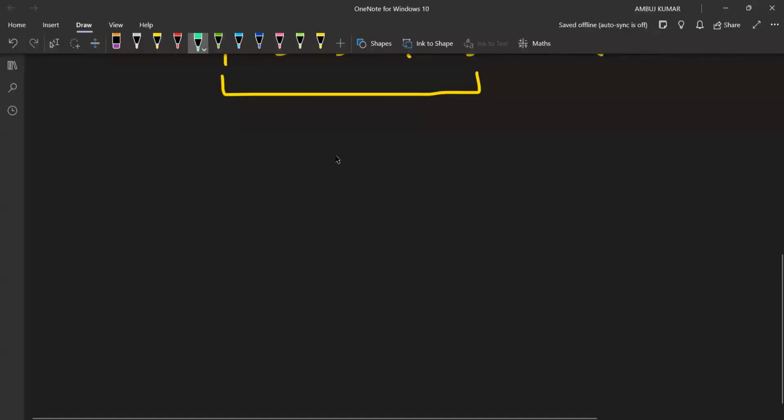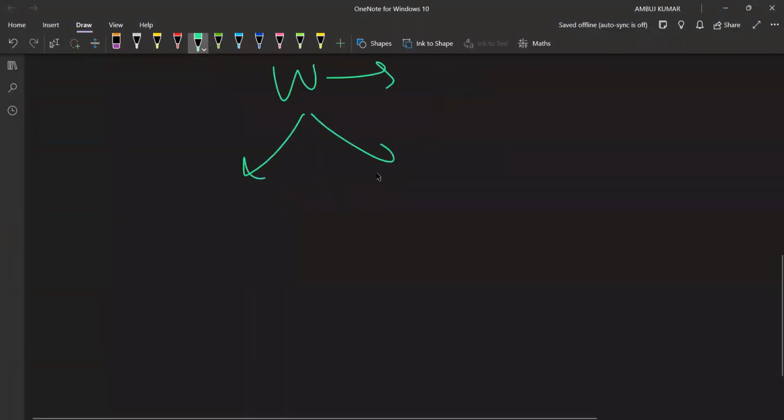We have to divide it into two parts, such that both of the parts are even. This is also even, and this is also even.